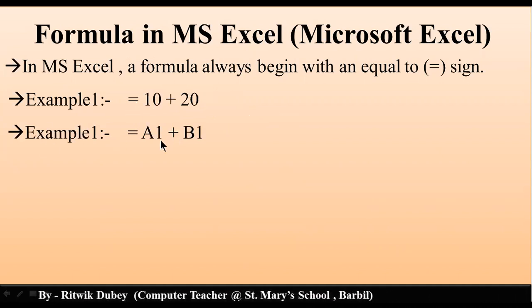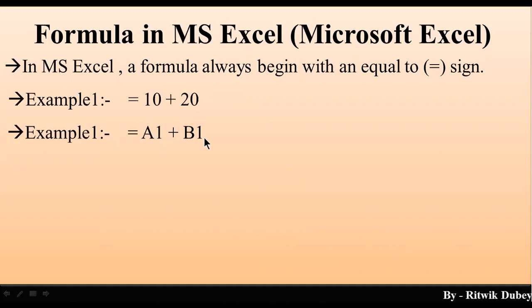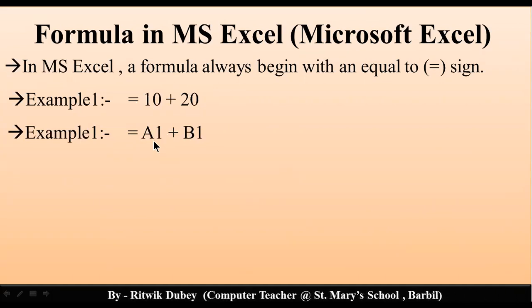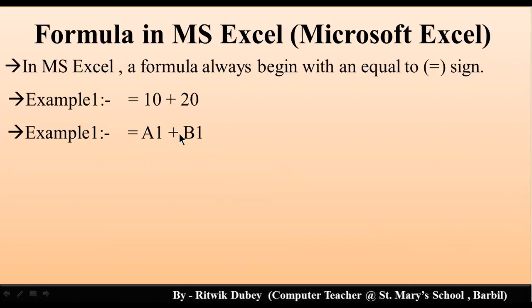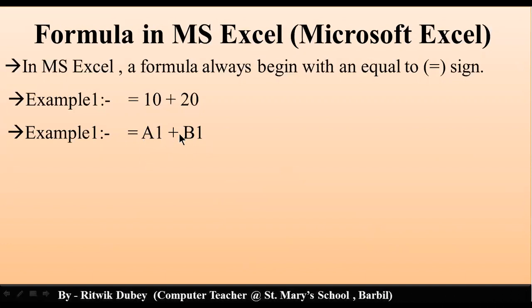Here I have chosen two cell addresses. The first cell address is A1 and the second cell address is B1. A1 is the cell address holding a value and B1 is a cell address holding another value, so those two values will get added. This is again a formula. Clear?